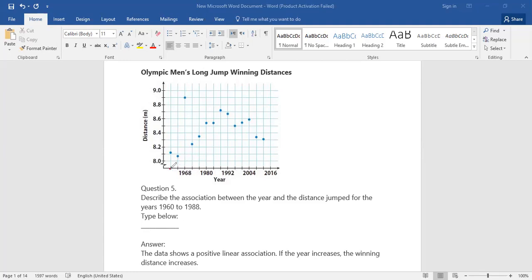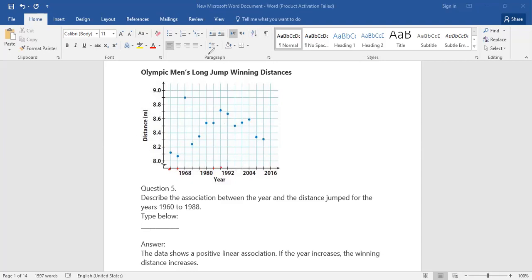This one, if you go back, it will be 1964. Okay, this one will be 1960. Next, we are looking for 1988. So 1988 will be after 1980, we have 1984 and then 1988.